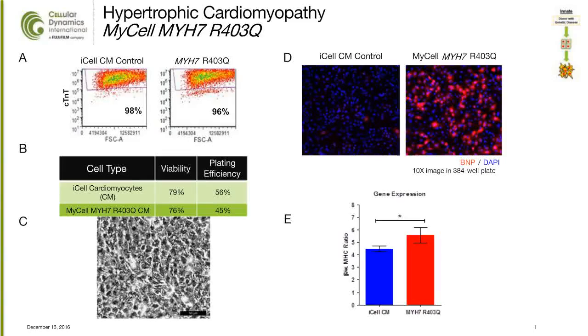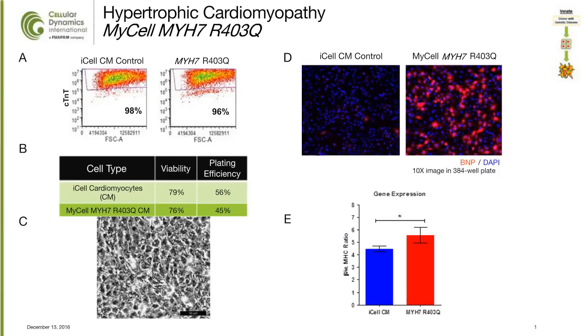So next we're going to change gears and look at one of the examples of the innate hypertrophic cardiomyopathy. This is the MyCell line that is derived from a patient with a R403Q mutation. This is a substitution that switches the arginine to glutamine. In panel A, I'm showing the control iCell cardiomyocytes expressing greater than 95% cardiac troponin T. And we also have the disease cells that are comparable.